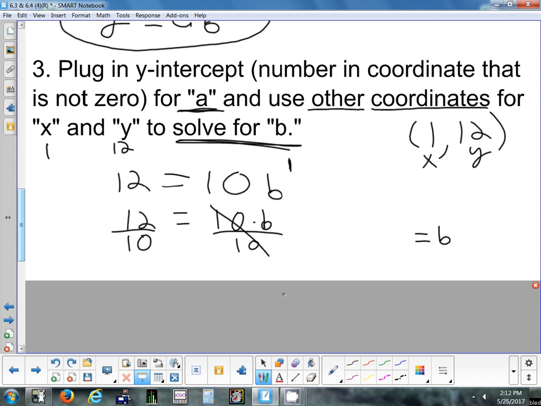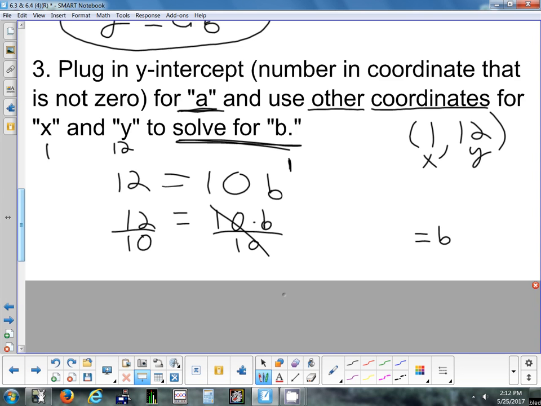What do you get for b? No one knows? Well, what's on the left-hand side? And then we have to reduce it. So what do you get when you reduce that?